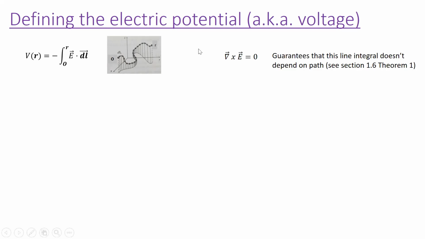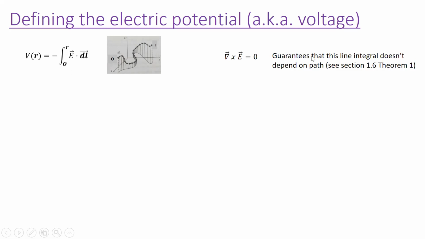But it turns out that, as we learned in previous classes, the curl of E is equal to 0 for electrostatic fields, which guarantees that this line integral definition of the electric potential doesn't depend on the path. So whether we go along the path shown here, or we take another path here, or a third path here, we actually get the same value.